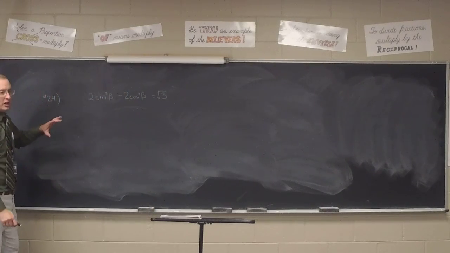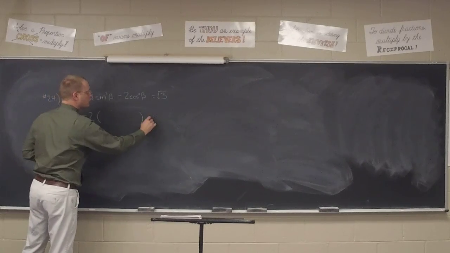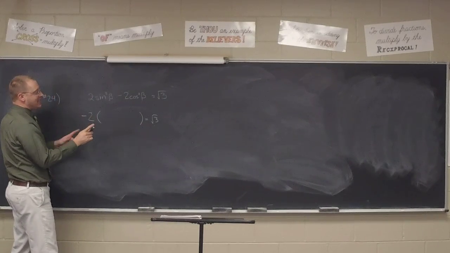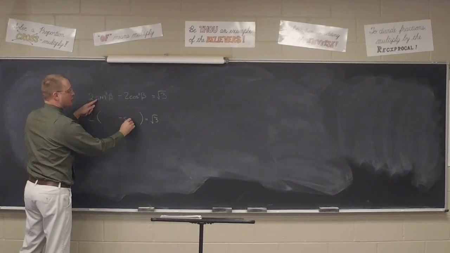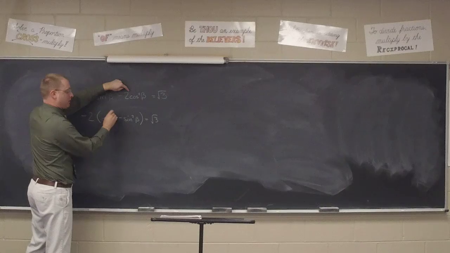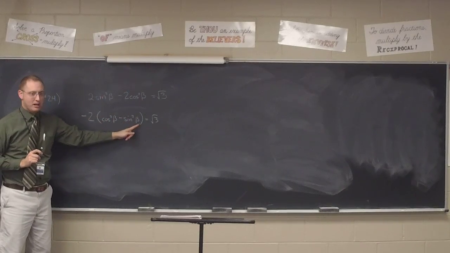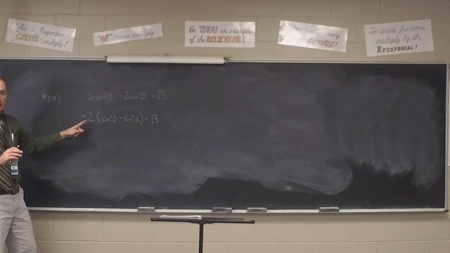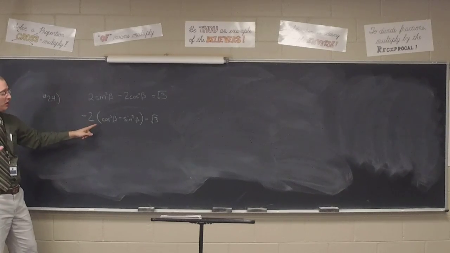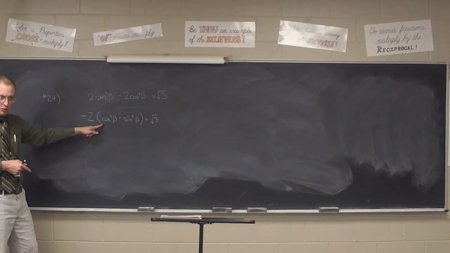What we could have done here is factor out a negative 2. That would make this a negative sine squared beta and a positive cosine squared beta. That's interesting because cosine squared beta minus sine squared beta is the double angle identity for cosine.